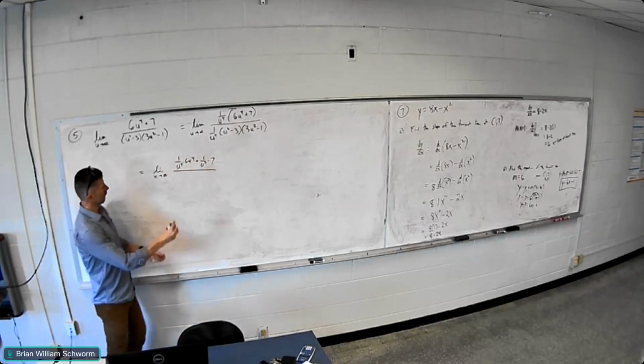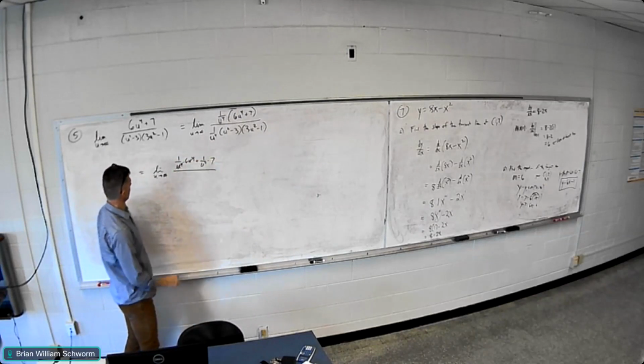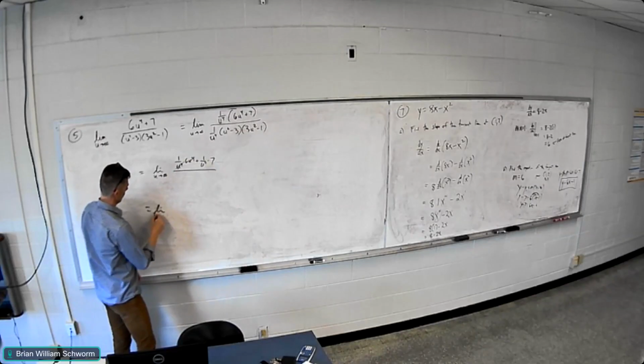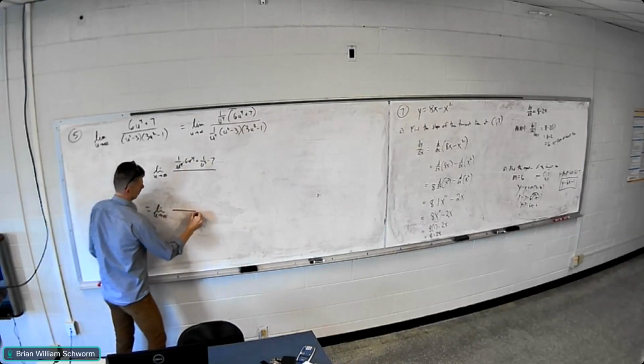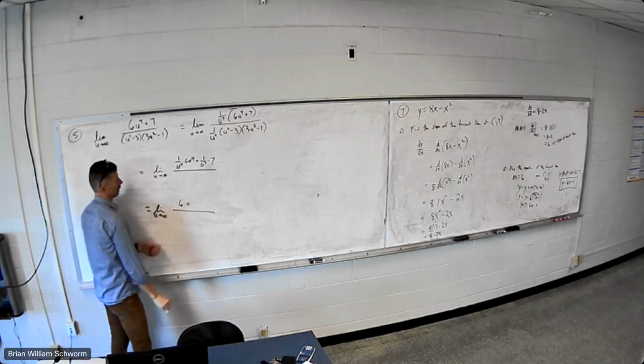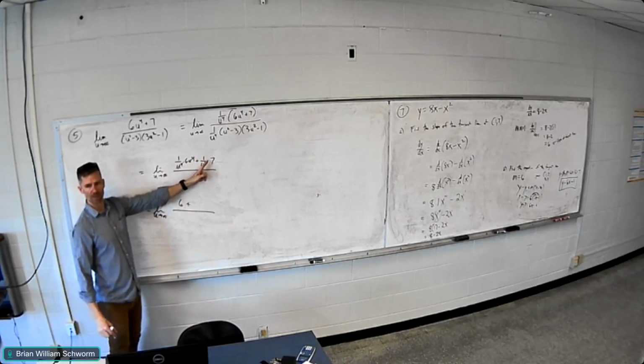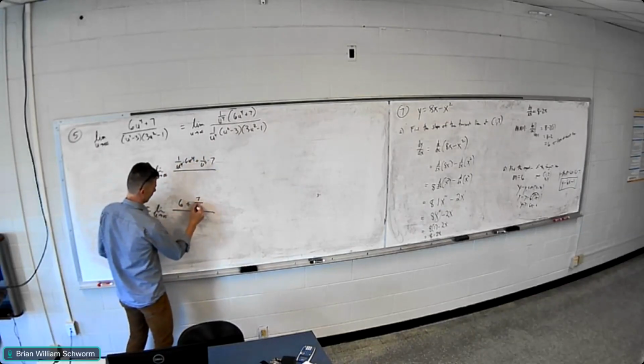I'll come back to the denominator, but you can see the u to the fourth here cancels with the u to the fourth there. So I'm just left with 1 times 6, or 6, in that first term. Second term, nothing cancels. I'm left with 7 over u to the fourth.